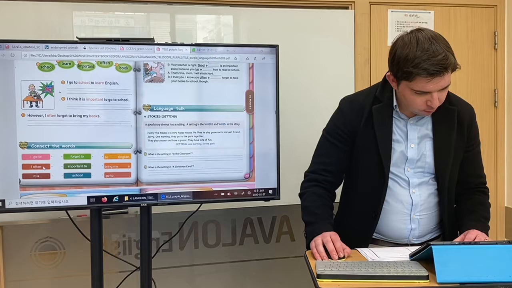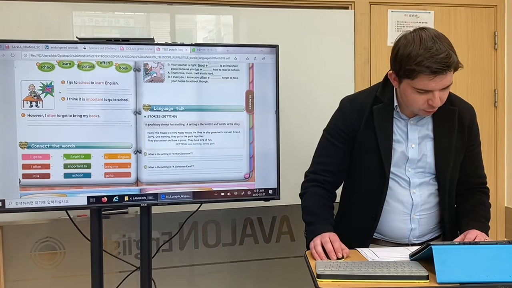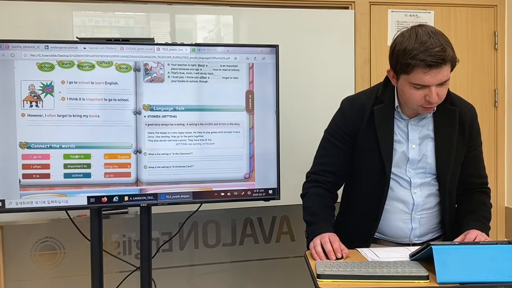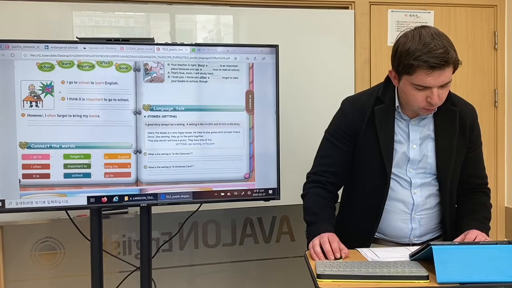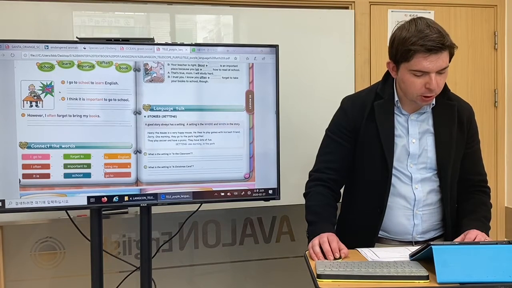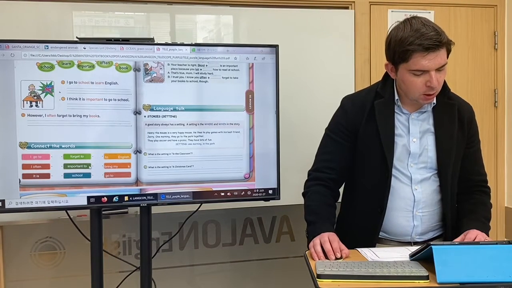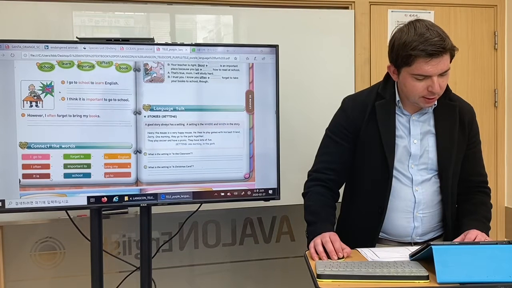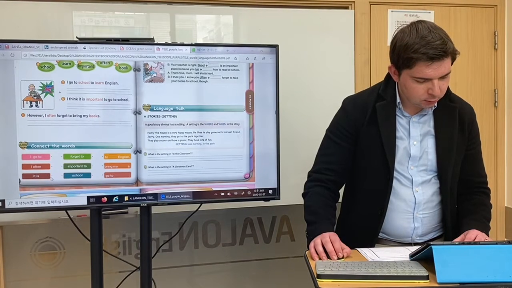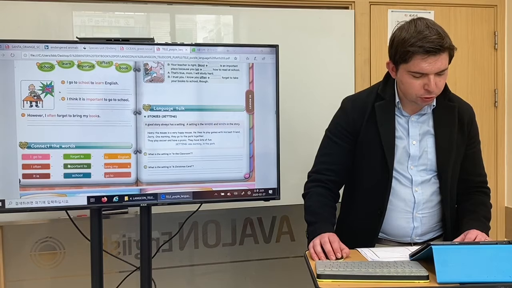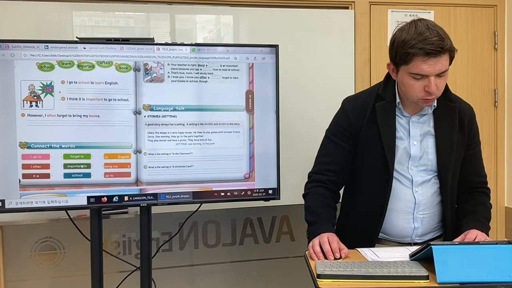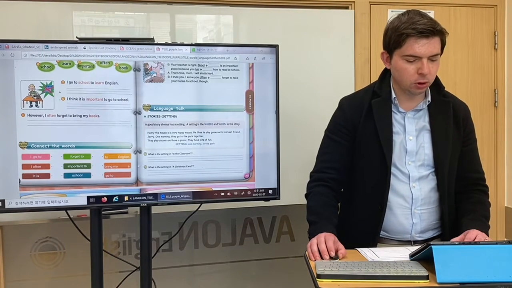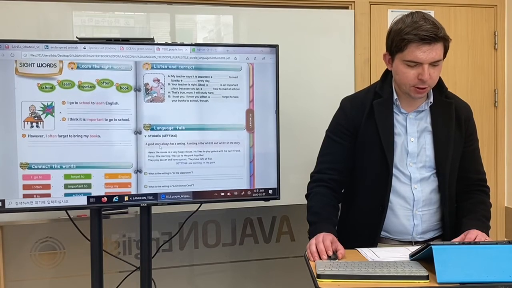Forget to. I often forget to bring my books. Very good. And the third one, it is important to go to school. Yes, very good.